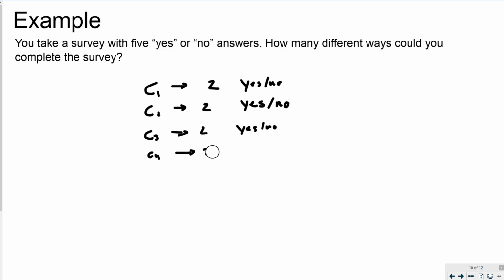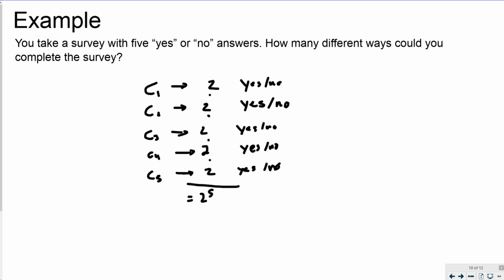You have 2 choices, yes or no. And for the 5th question, you have, again, 2 different choices, yes or no. So you're going to multiply 2 times 2 times 2 times 2 times 2. And that's the equivalent of doing 2 to the 5th power.